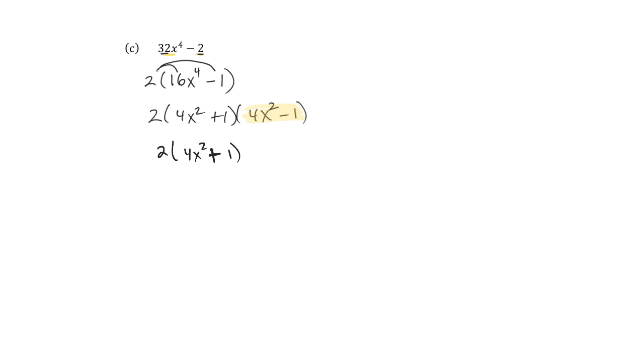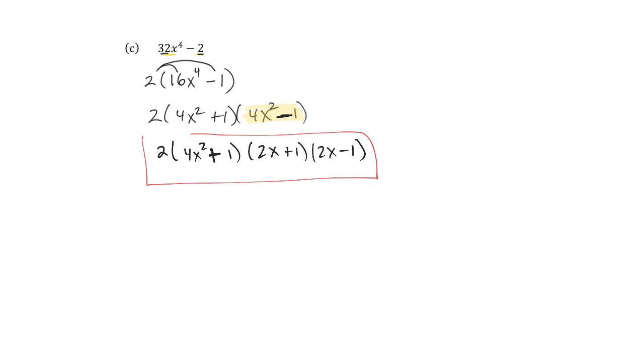So that one can't factor, but here because of the subtraction, that can factor as 2x plus 1 times 2x minus 1. And that is done.